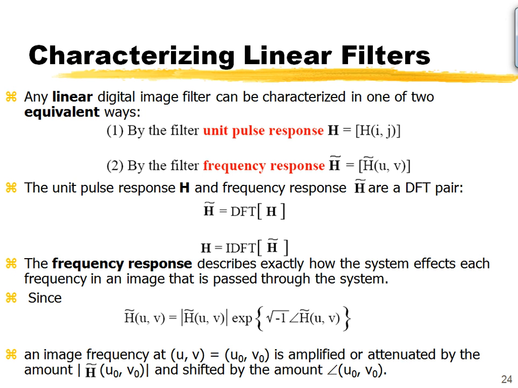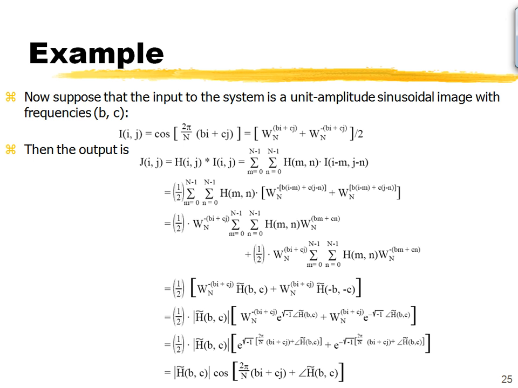Because remember, in the Fourier domain, this operation is nothing but pixel-wise or index-wise multiplication, right? So we can think of this and look at it in terms of an example if we want, right? A very simple signal, let's say we have a cosine image going in, okay? If I have a cosine image going in and basically I convolve that with my filter H, what would I expect to get? Right? Well, we can write out the convolution. We know what the convolution is.